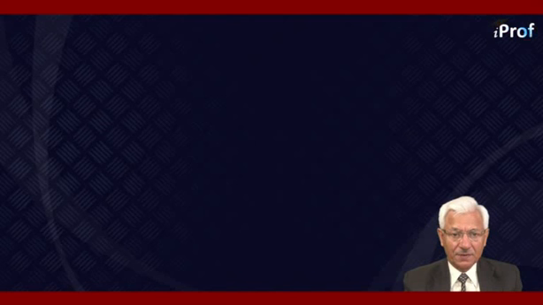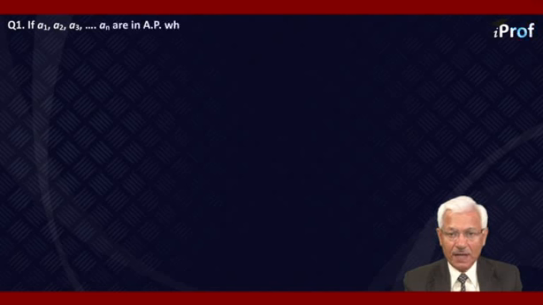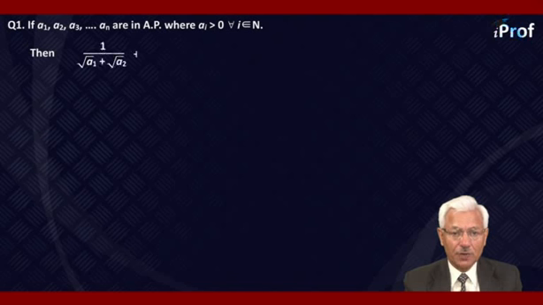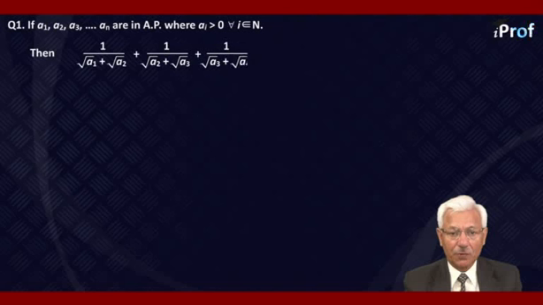After discussing the properties of arithmetic progression, let's take some questions. If A1, A2, A3, ..., An are in AP where Ai is greater than 0 for all i belonging to n, then 1 upon square root of A1 plus square root of A2, plus 1 upon square root of A2 plus square root of A3, plus 1 upon square root of A3 plus square root of A4, and so on up to n terms.